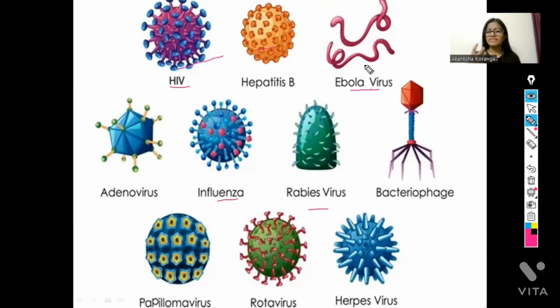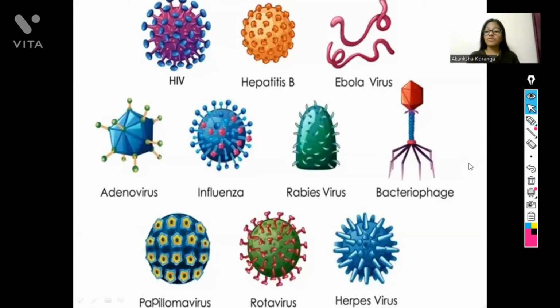This one is not round but thread-shaped, this one is diamond-shaped, here it is spherical or cylindrical, and here the shape is like a magic stick, right? So in conclusion, there are different types of viruses present in our surroundings, and they have different shapes, colors, and structures.